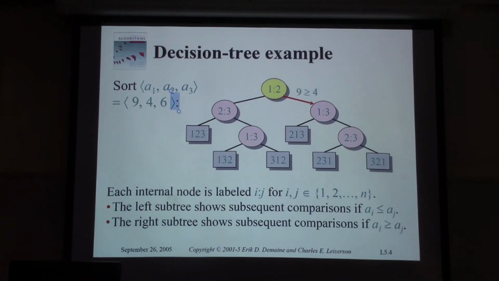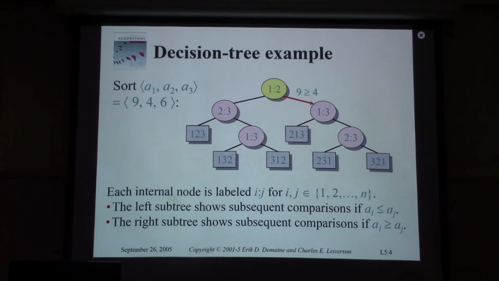We are going to go to the left on the decision tree if the ith element is less than the jth element. So if 1 is less than 2, we go in this direction, and we know that 1 is less than 2. Now, when we decide is 2 less than 3, if that's true, then the sequence is 1, 2, 3. Why? Because 1 is less than 2, and 2 is less than 3.